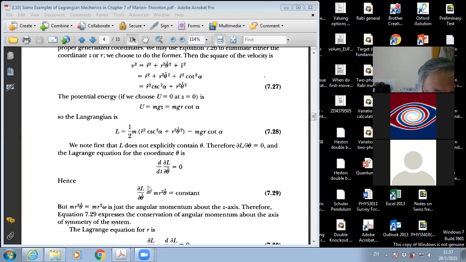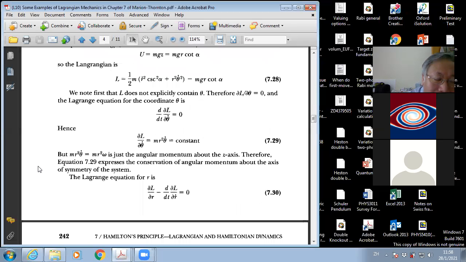And we immediately realize that round L round theta dot is equal to mr squared theta dot, which is simply the angular momentum of the particle. So in other words, the existence of the cyclic coordinate theta implies the conservation of angular momentum about the z-axis, all right?